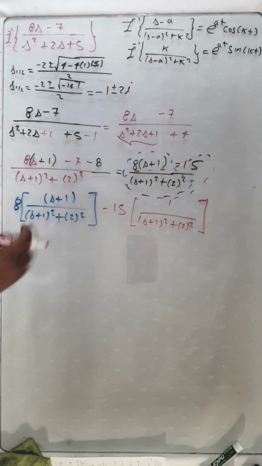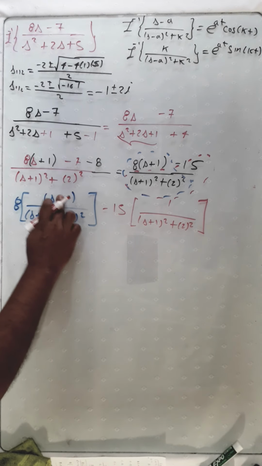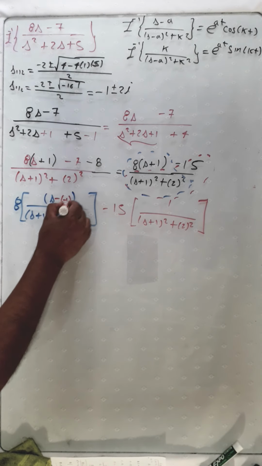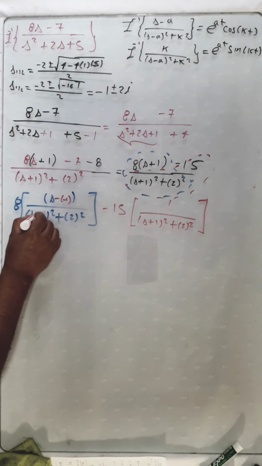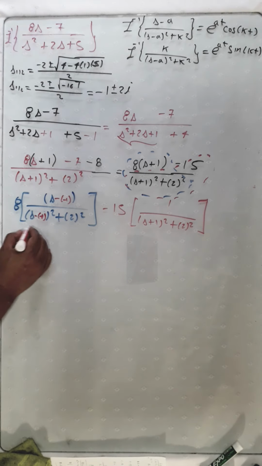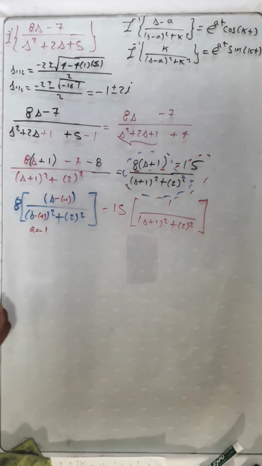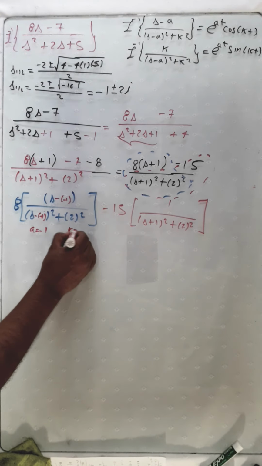There is no problem here with the positive. You can write like this, minus 1, and here minus 1, which makes it positive. So the value of a happens to be minus 1, and the value of k happens to be 2.